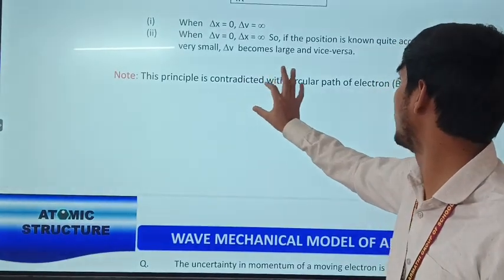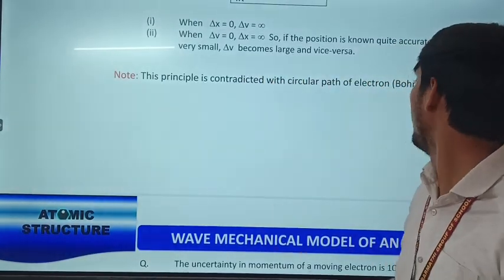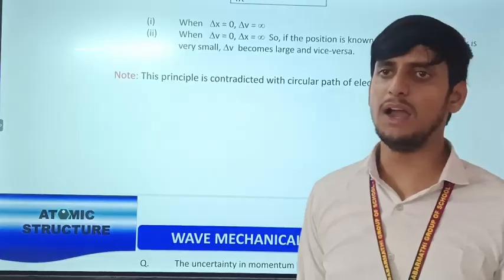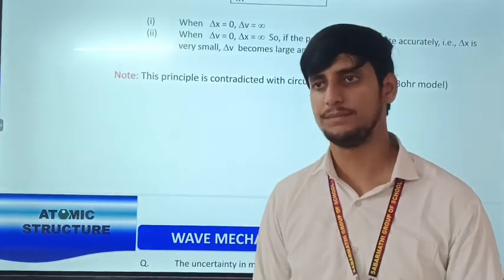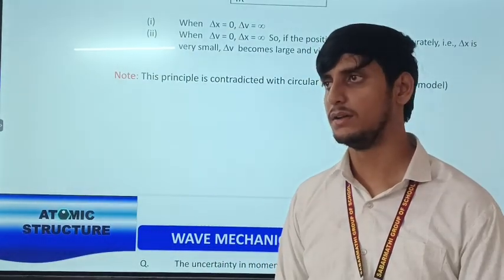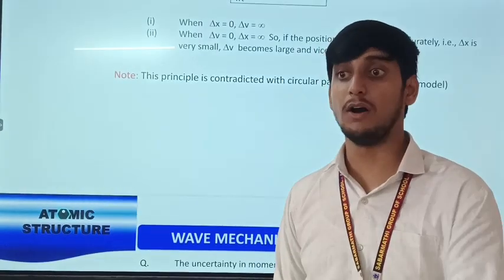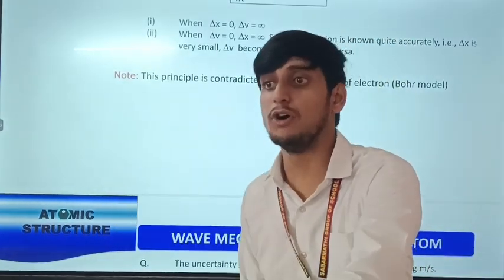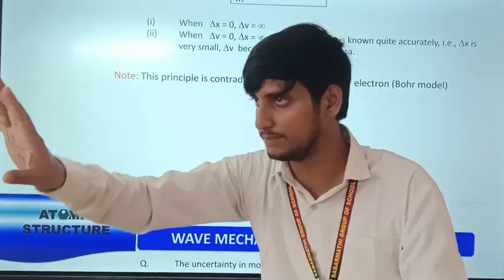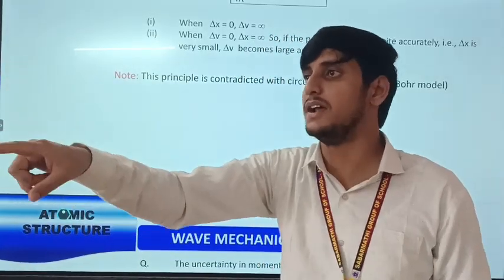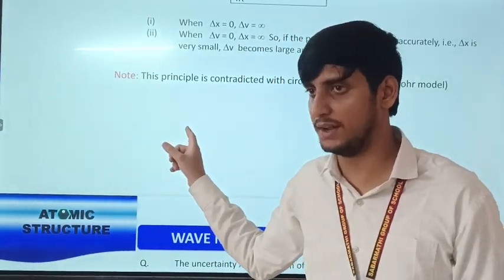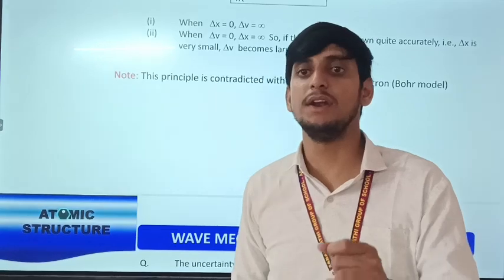The principle is contradicted in the circular path of electrons in Bohr's model. Why is this contradicted?